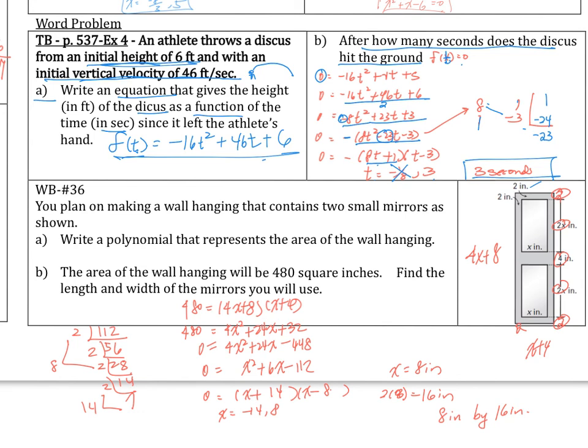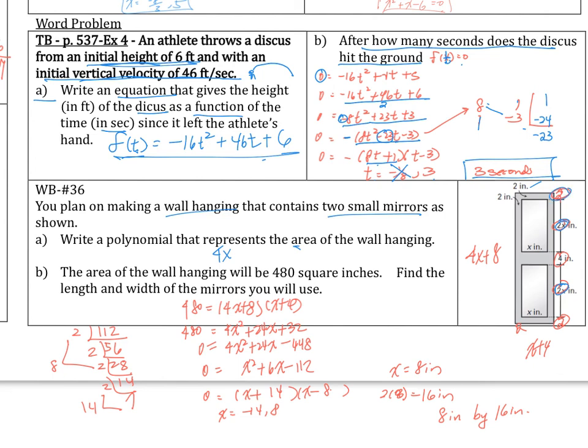Okay, now let's look at this other word problem. You plan on making a wall hanging that contains 2 small mirrors as shown. Part A, write a polynomial that represents the area of the wall hanging. So I just took 2x and this 2x, added them together to get 4x.